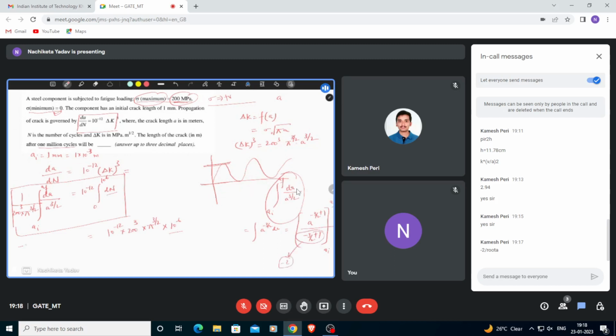So we can write minus 2 into 1 by, and this is a to the power minus 1 by 2. So this is 1 by square root of a. Are you getting it? Comments till now, it is okay for you, right?